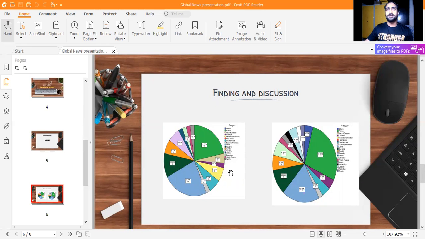The second pie chart shows the data collected along with the percentage of each category in the assignment. The highest category was crime, which is 23.91%. Then it was politics, 21.74%, and the third highest portion was the category of news COVID-19, which was 10.64%.